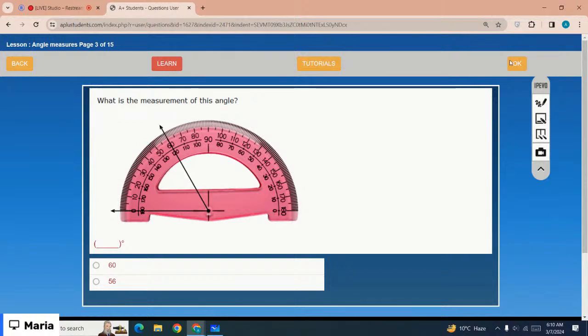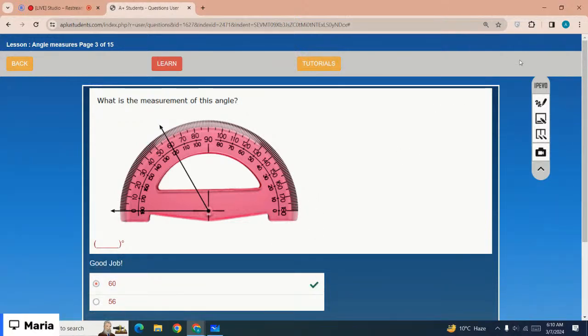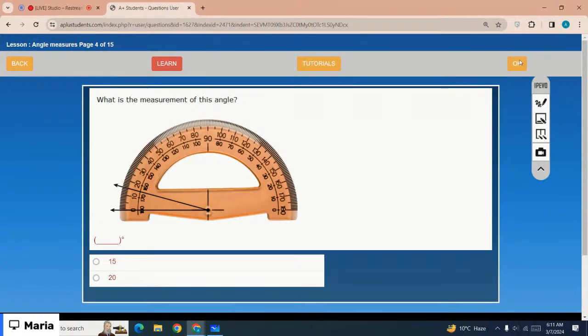Yes, the correct option is 60 degrees. What is the measurement of this angle?